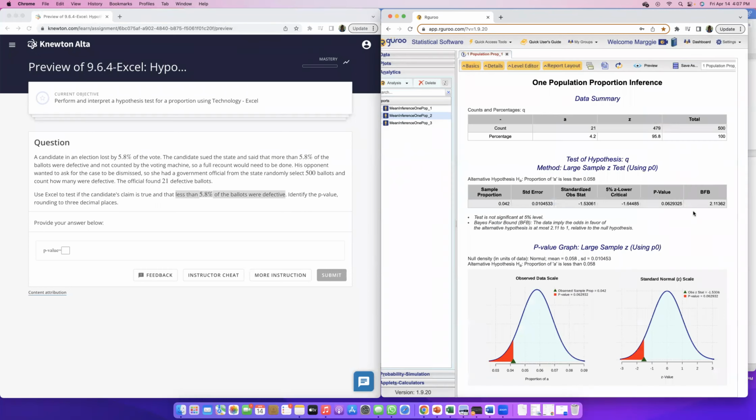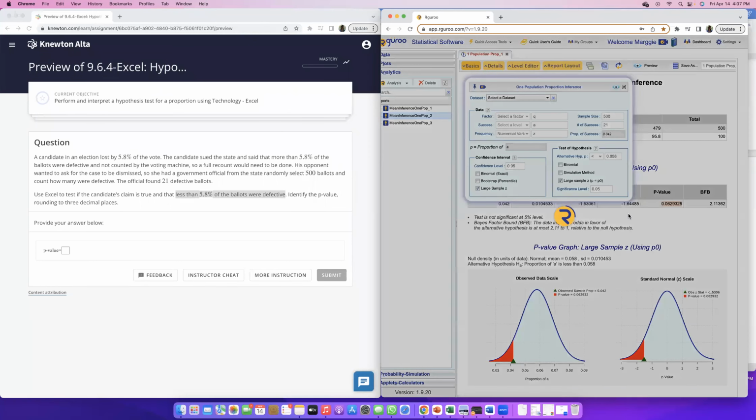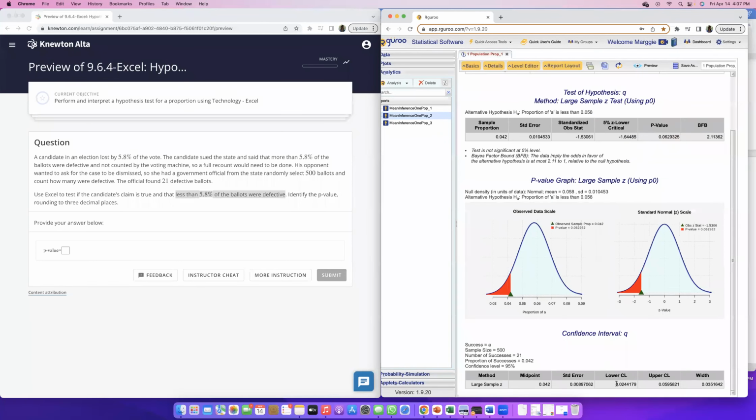At the end, what you want to pay attention to is your table. You have your test statistic right here, and you have your p-value right here. If we go back and choose to do the confidence interval, then you will have your confidence interval, the lower and the upper, for the proportion of defective ballots as well.